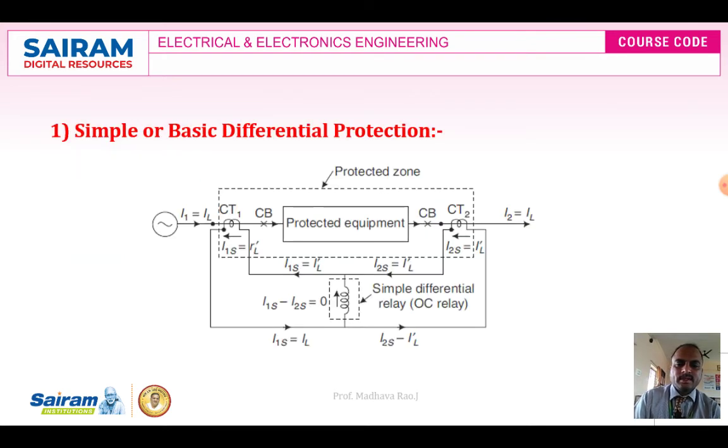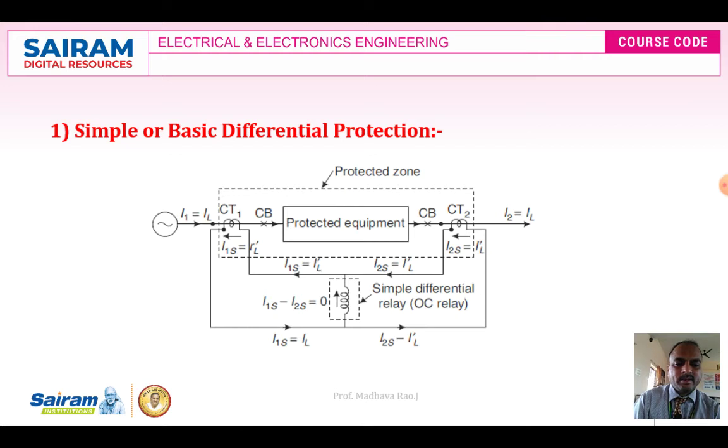First one, simple or basic differential protection. Here we have protected equipment, which may be a transformer or auto transformer. If you take a power plant, it may be a generator or turbine.